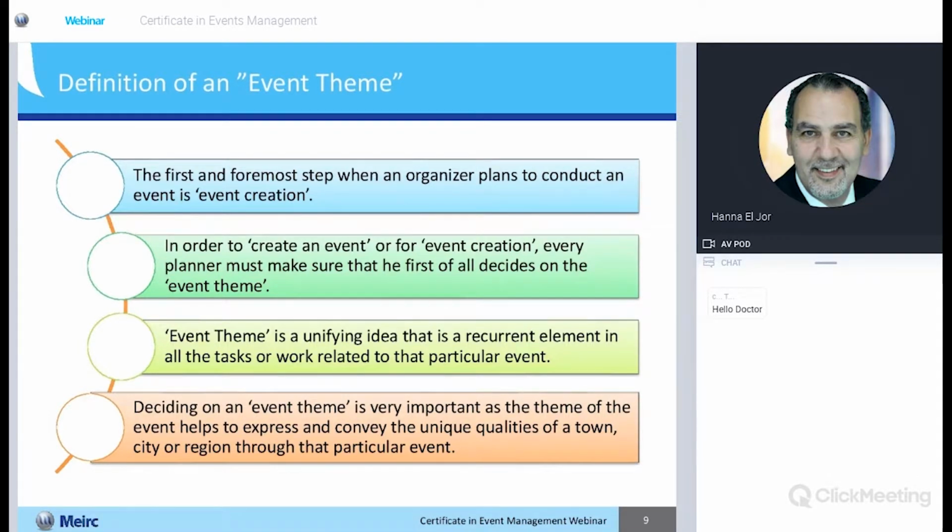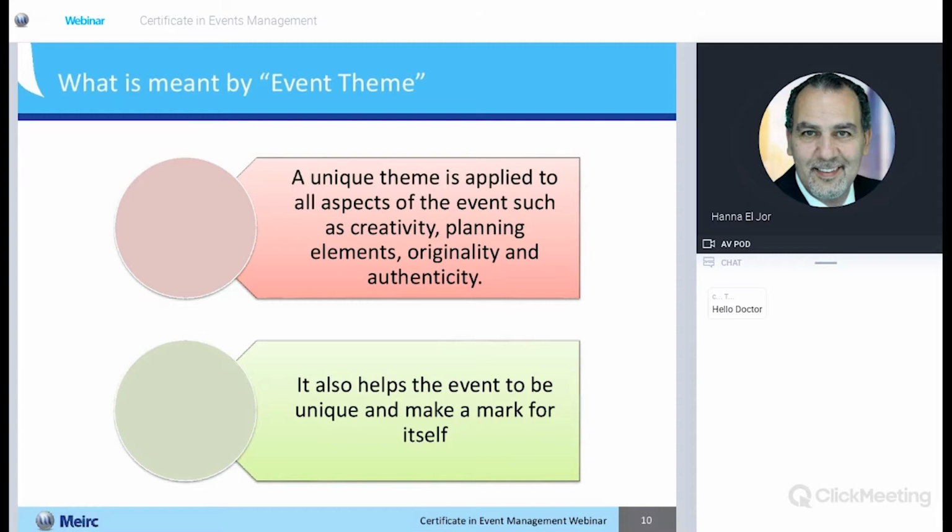Now, this is why we said we need creative skills at the beginning, because deciding on a theme is a very important step. The event theme helps to express and convey the unique qualities of the event, which should be related to the unique quality of the culture, region, or country that this event is related to or being conducted in.